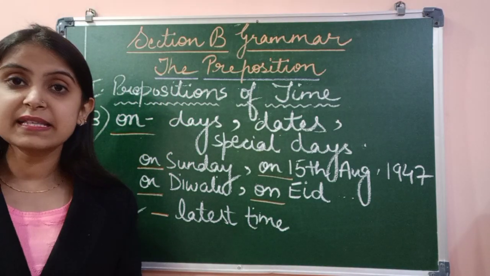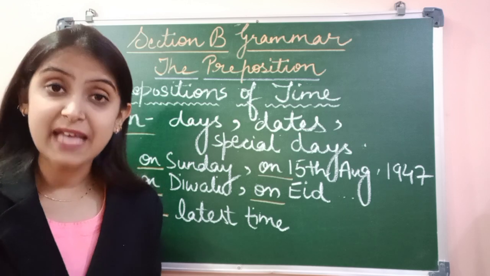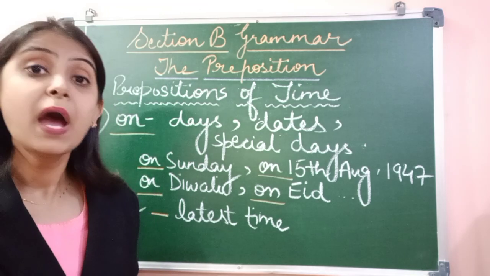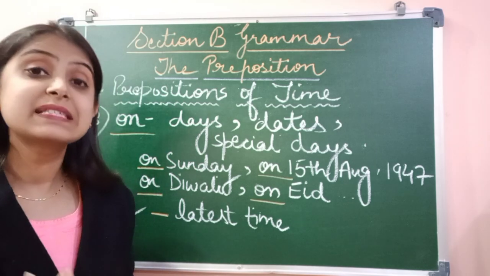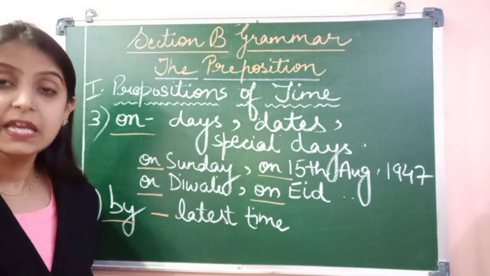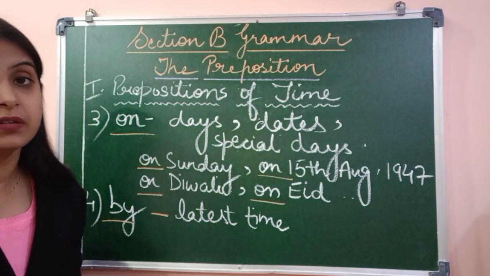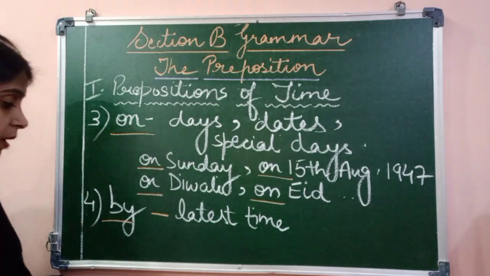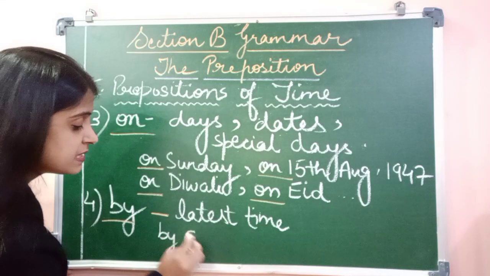For example, I say you need to submit your assignment in the Google Classroom by next Saturday, right? So it means by Saturday your assignment should be there in the class, right? By Saturday.